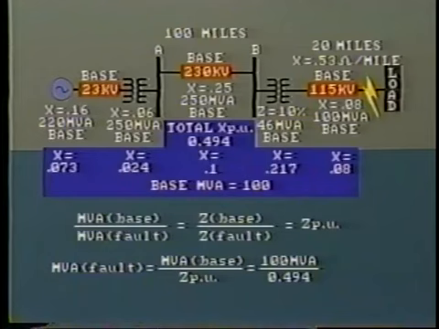Accordingly, we can say that on our simple system, the available capacity at the fault will be equal to 100 MVA divided by 0.494, the per unit value. This comes to 202.4 MVA. Of course, if required, we can now get fault current knowing fault MVA and line voltage.